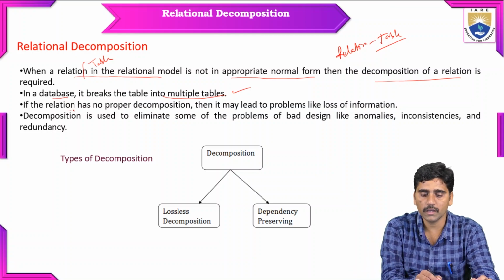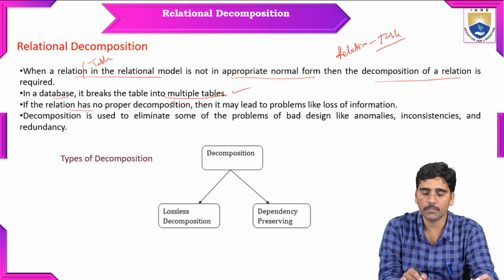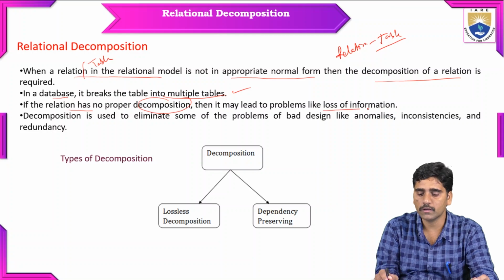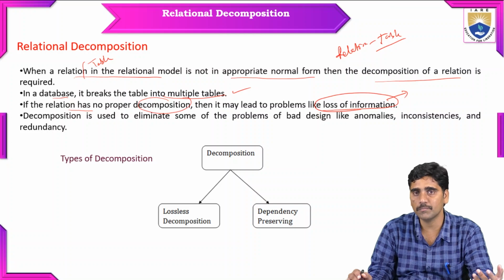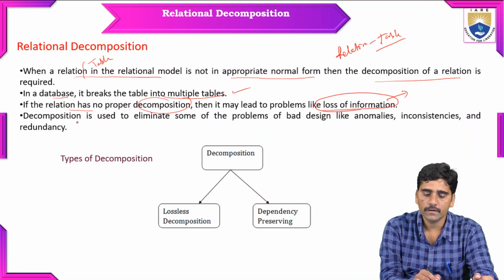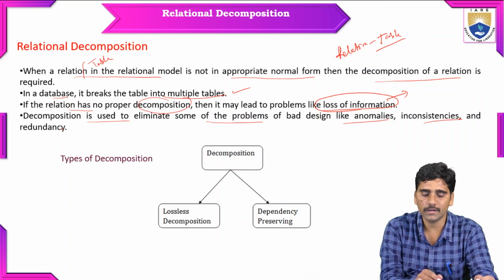If the relation has no proper decomposition, then it may lead to problems like loss of information. So if the decomposition is not done in a proper way, the problem will be loss of information. Decomposition is used to eliminate problems of bad design like anomalies, inconsistencies, and redundancy.